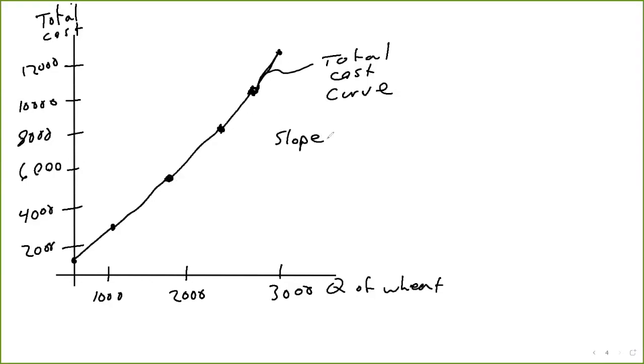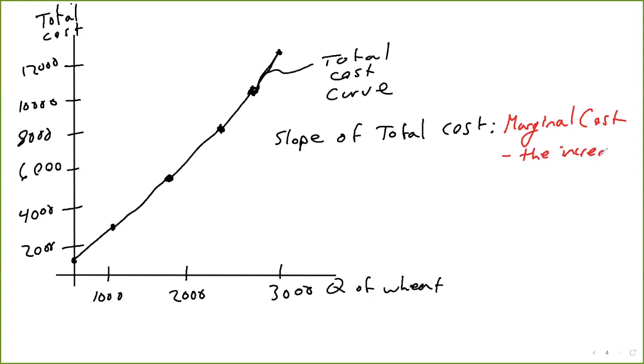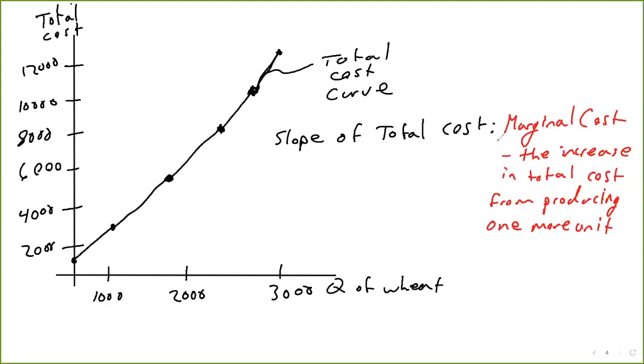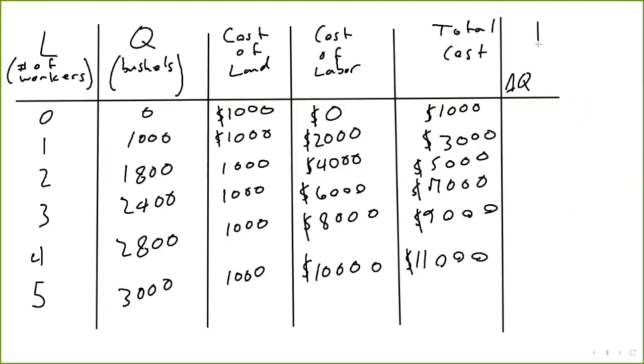And so the slope of total cost is what we call marginal cost. Marginal cost is going to be defined as the increase in total cost from producing one more unit. And for the sake of calculating marginal cost, we define it as the change in total cost divided by the change in quantity. So let's look back at our example again.